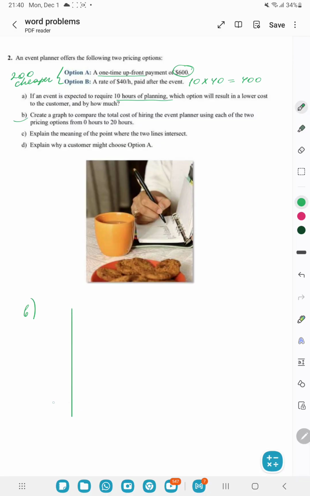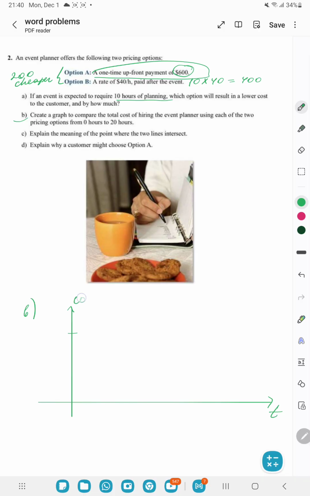The next question says to create a graph to compare the total cost of hiring the event planner using each of the two pricing options from 0 hours to 20 hours. First is just the one-time upfront payment, $600. So regardless of time, we have to say the money.